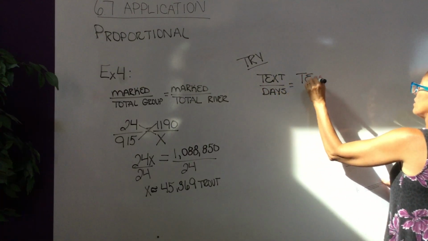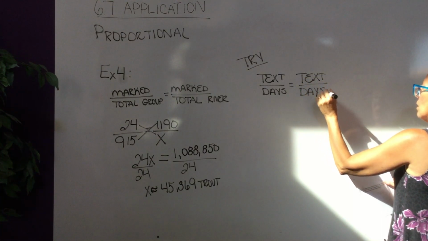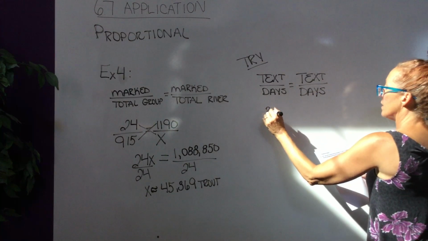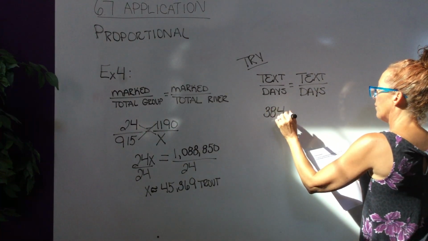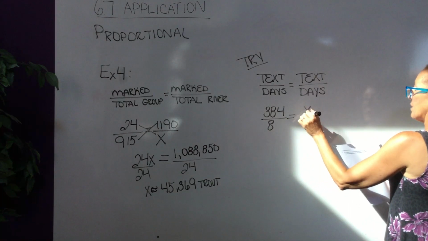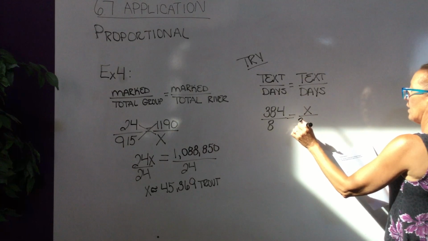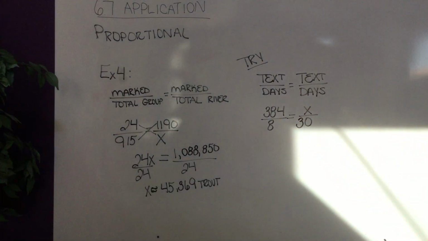Again, it's just a matter of picking. There's no right or wrong. So if I send 384 texts in 8 days, how many texts would I send, or would Juan send or receive in 30 days?